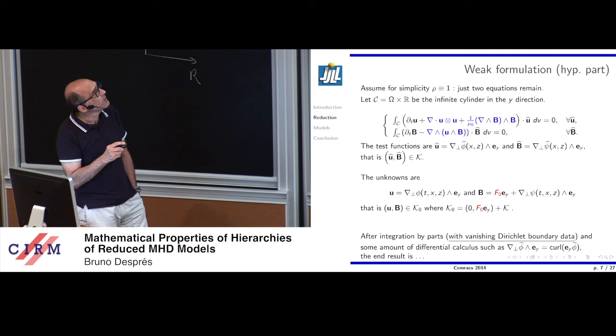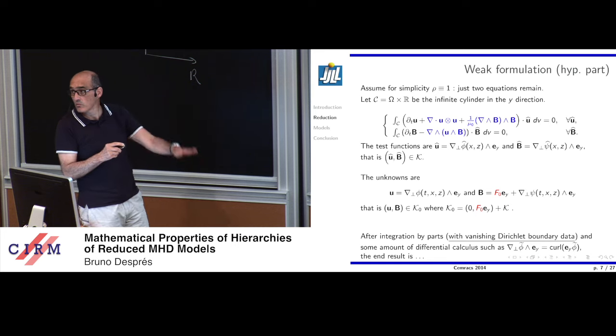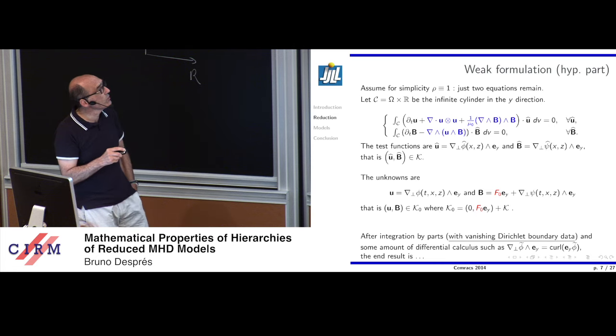So U hat is a test function, and psi hat is the scalar test function that I need. The same for B. The unknowns are these ones. So U hat, B hat are in K, and U, B are in K naught, because I have to move due to the forcing term.